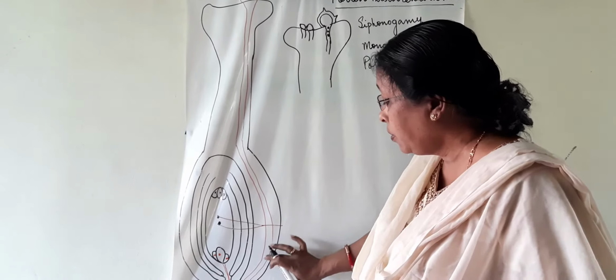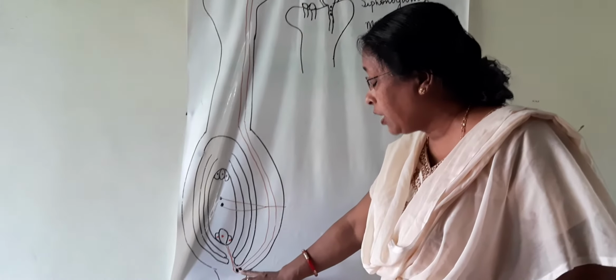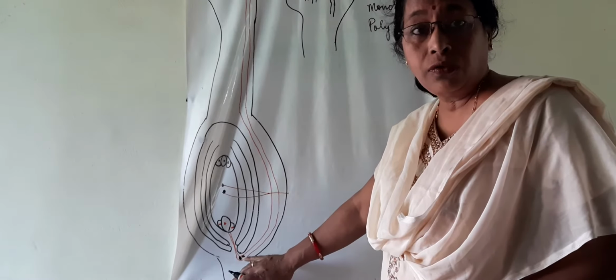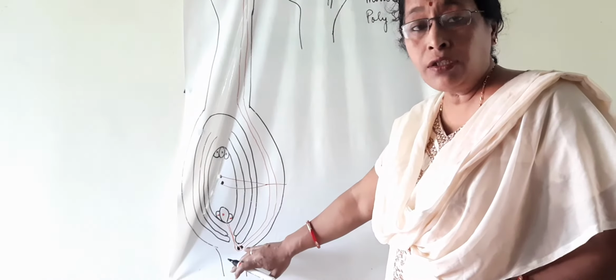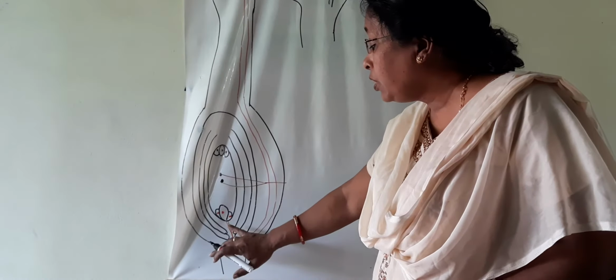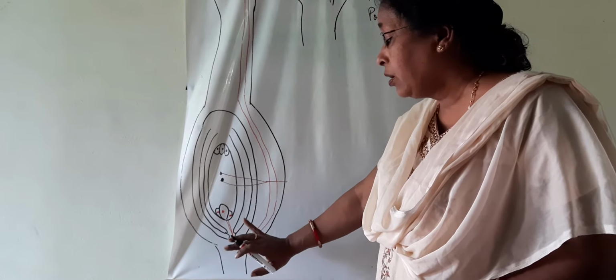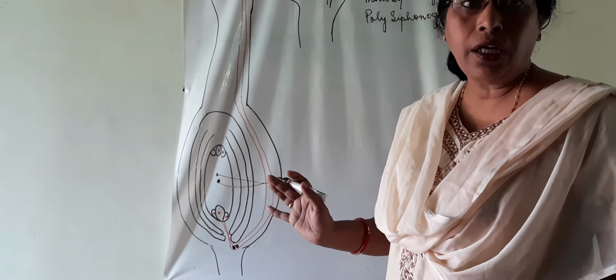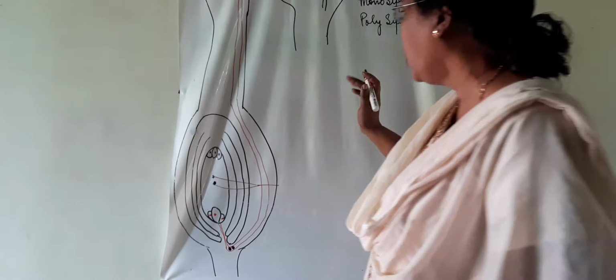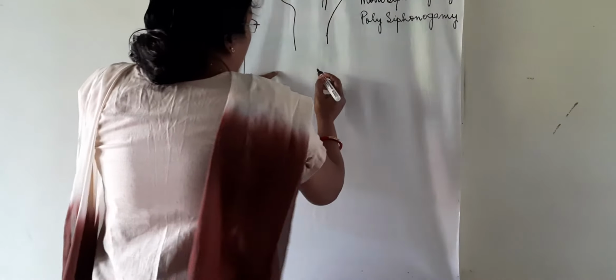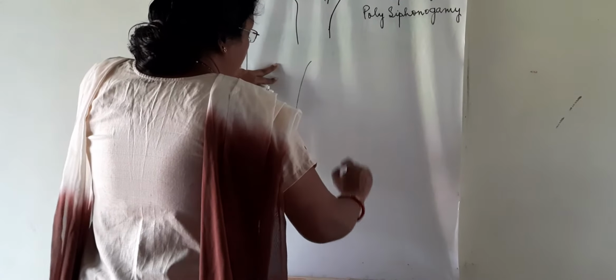The pollen tube, along with its contents, that is two male gametes, cytoplasm and one tube nucleus, has to reach the embryo sac. Now how does it reach the embryo sac? So let us draw another diagram of the embryo sac.